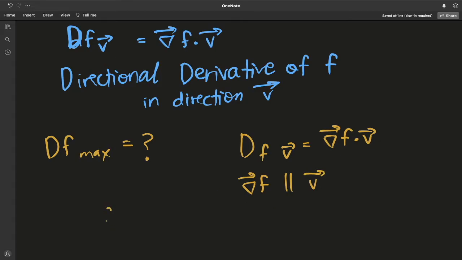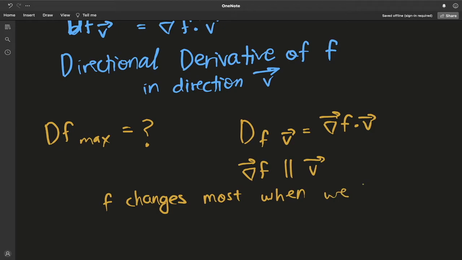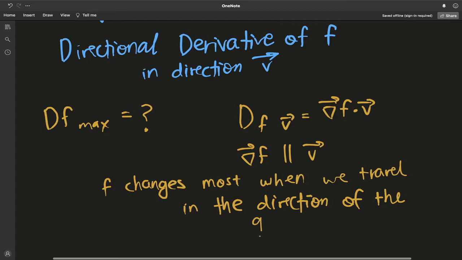So f changes the most when we travel in the direction of the gradient.